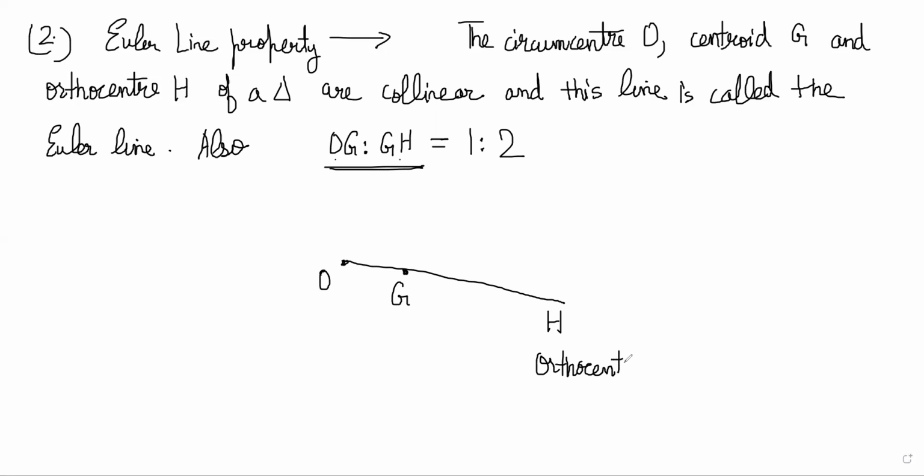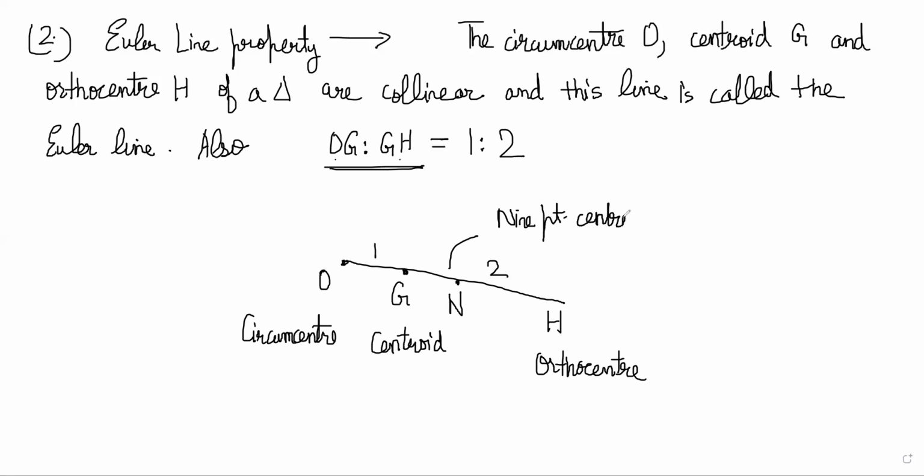This is centroid. And this is circumcenter. And the ratio of this is 1 is to 2. So these 3 points of a triangle are lying on a single line. They are collinear and the ratio is 1 is to 2. Actually, there is a fourth point on this line, which is called the 9-point center, which is the midpoint of O and H. 9-point center is midpoint of OH.